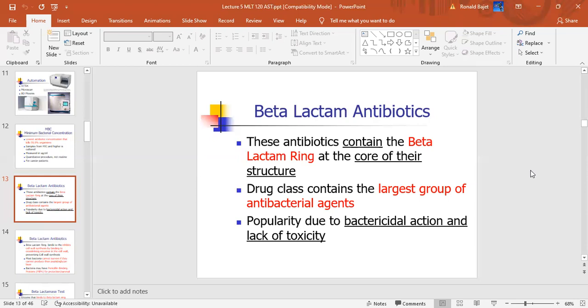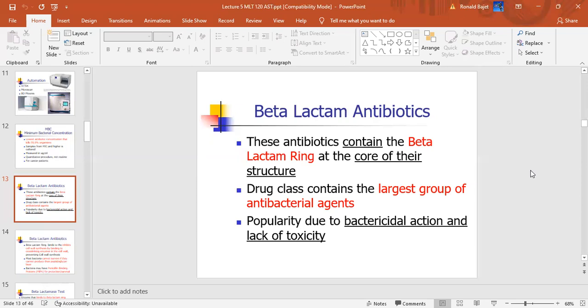All organisms have the peptidoglycan cross-linkages. The beta-lactam will affect those cross-linkages, okay? So if it does, then the organism will not develop a cell wall. Therefore, the organism will not survive. It'll die, or it won't even develop into an organism.